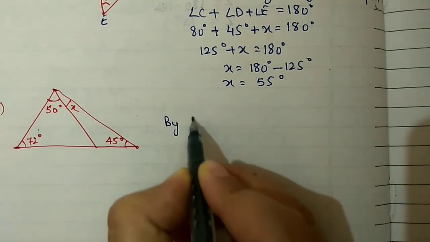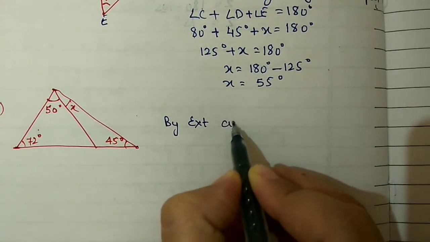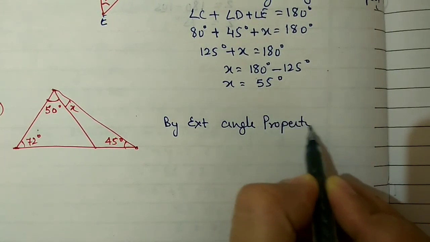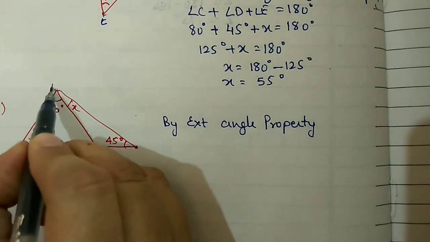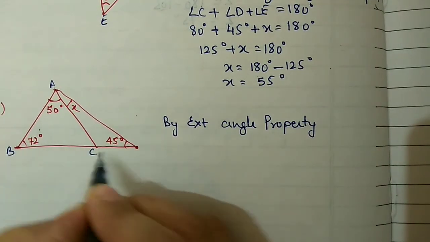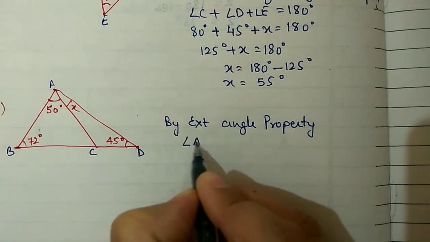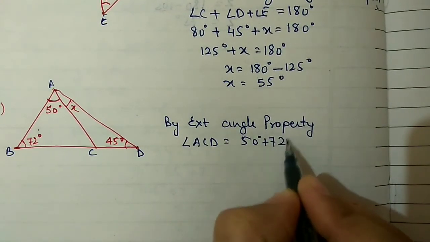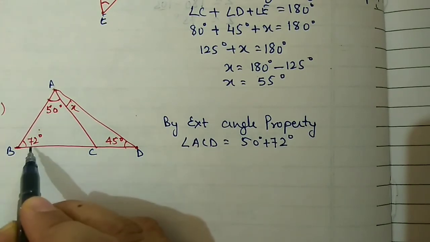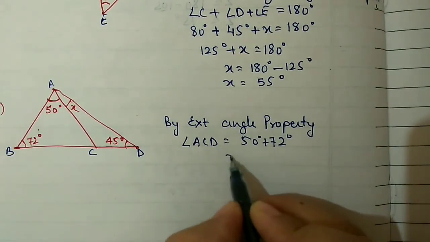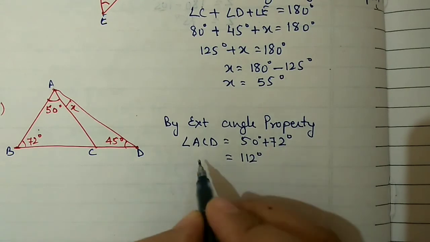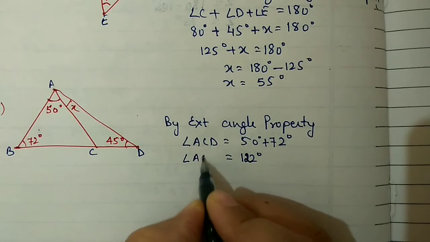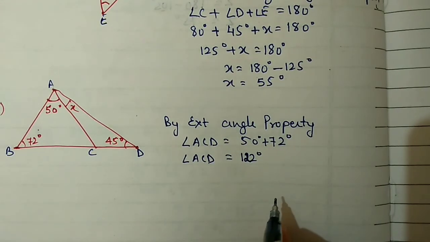So by the exterior angle property, this angle will be, you can give names to this figure: A, B, C, D. So angle ACD will be equal to 50 degrees plus 72 degrees, the opposite interior angles. So it will become 112 degrees. Sorry, 122 degrees it will become. So angle ACD is equal to 122 degrees.